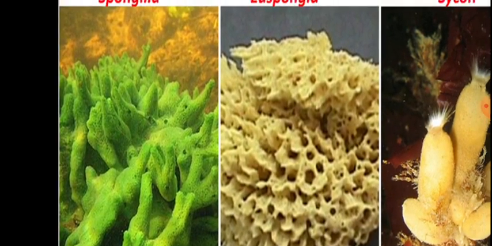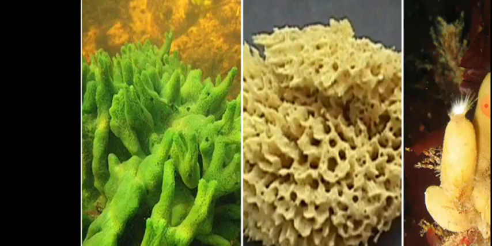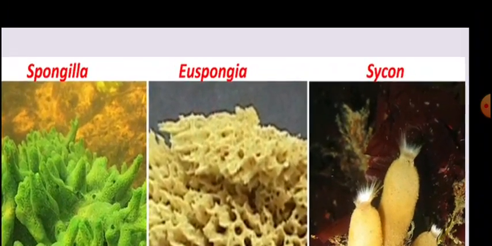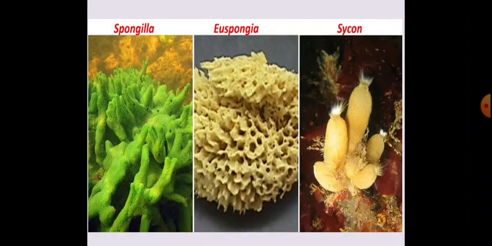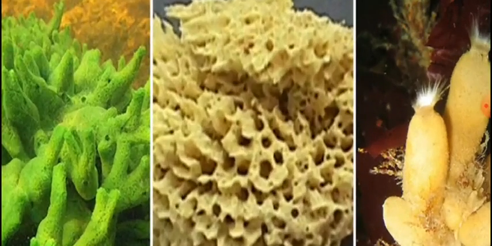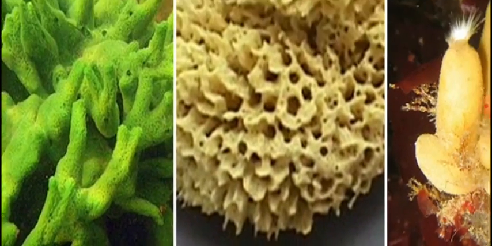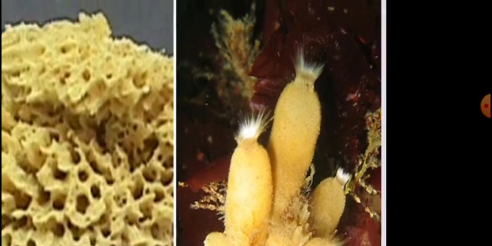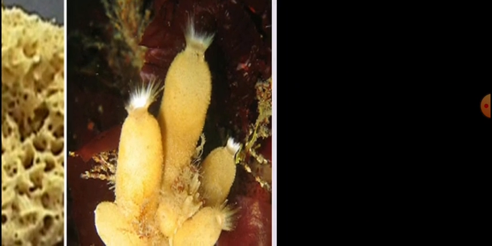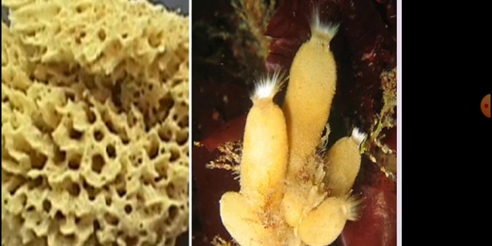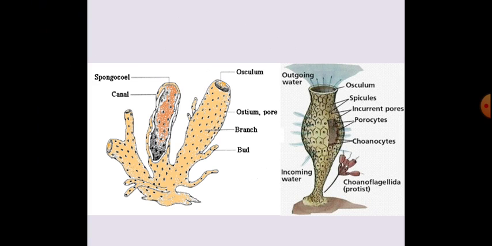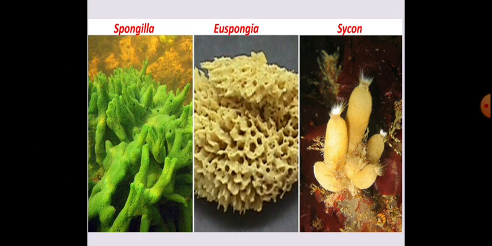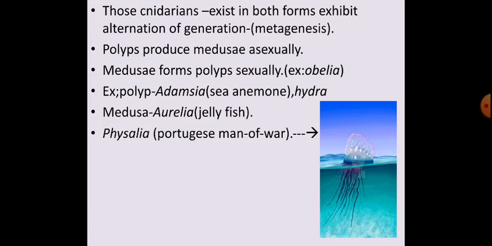These others are found in marine water, only in marine water. This is Euspongia, yellow in color. This one is Euspongia, the bath sponge, usually used to take a bath. And this one is Sycon, Scypha. This is the diagram I have shown here, Scypha.